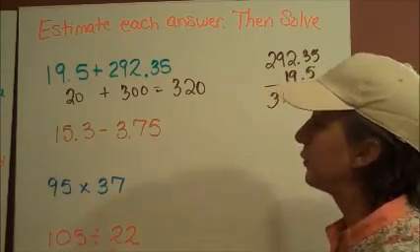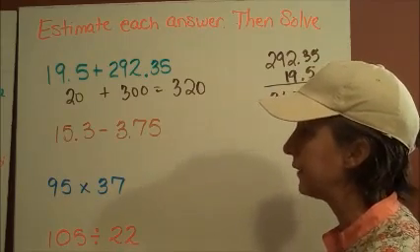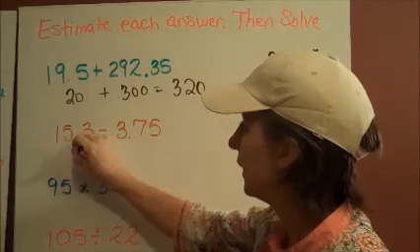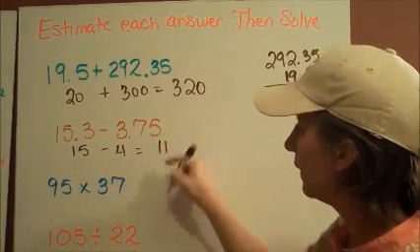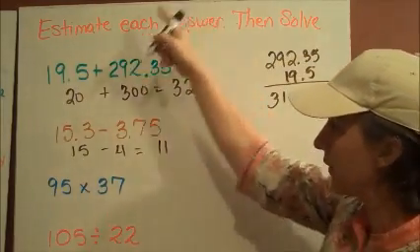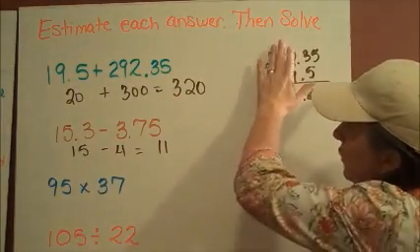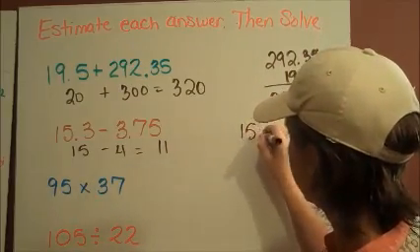Let's do the same with subtraction. 15 and 3 tenths minus 3 and 75 hundredths. What is 15 minus 4? 11 is my estimate, so I have done only the first part of the directions. In order to complete the second part, I must actually solve it.